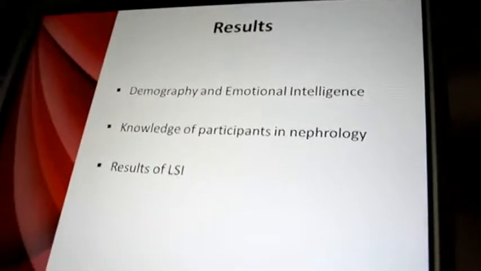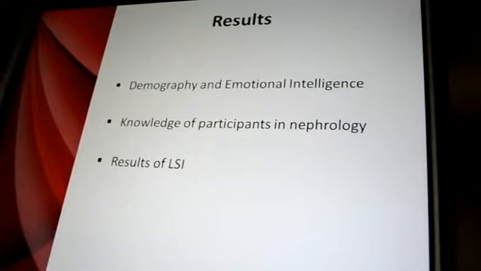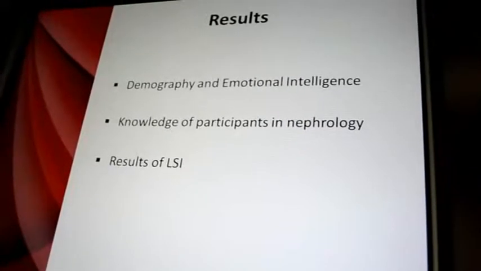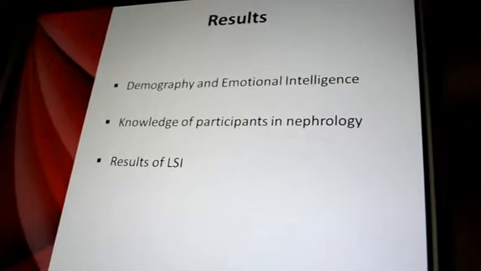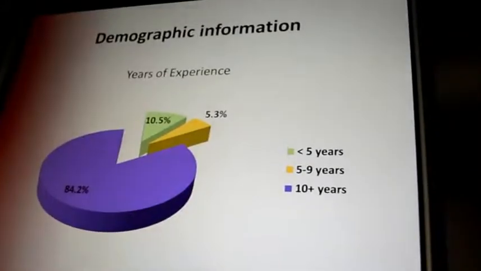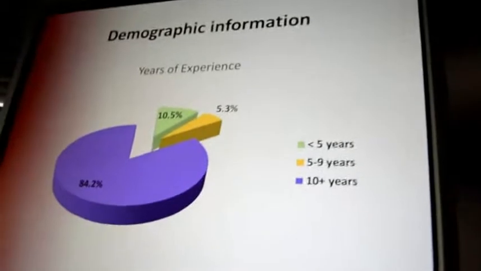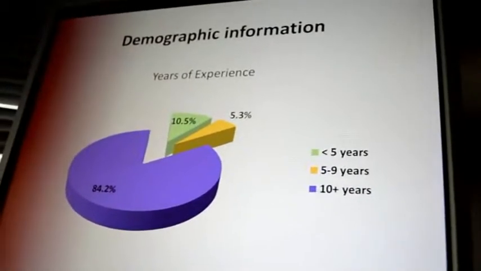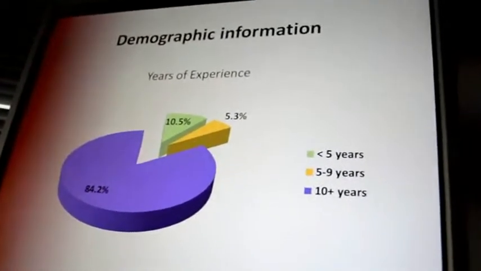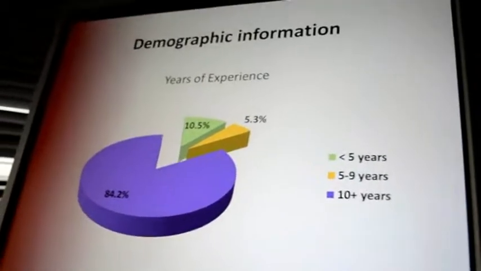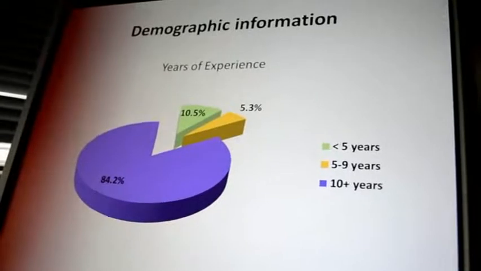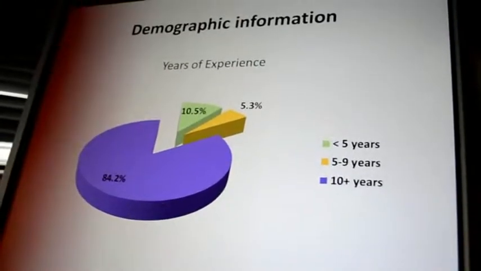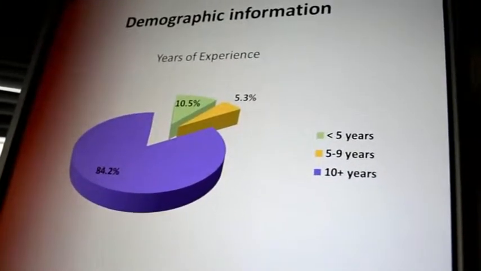So the results, we have the demography and emotional intelligence, we have the knowledge of participants in nephrology, and the results of the learning style inventory. So the demographic information. First of all, the majority of participants had a formal certificate in hemodialysis. That was 63.2%. The graph here shows the years of experience of the participants.